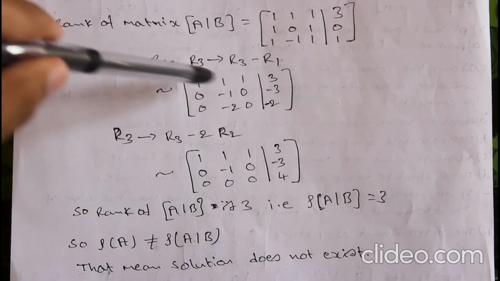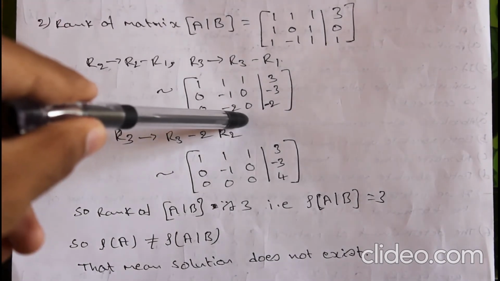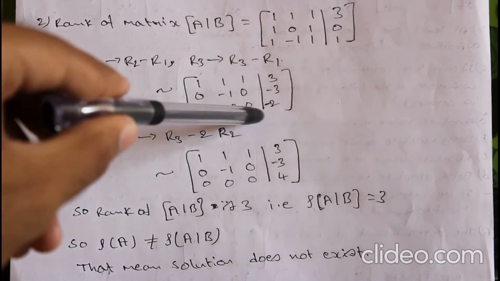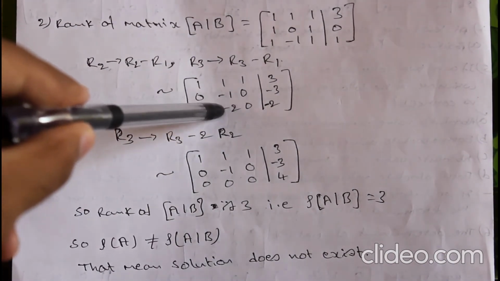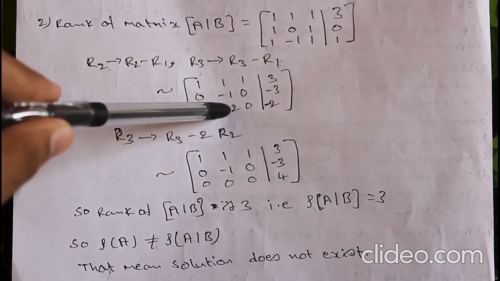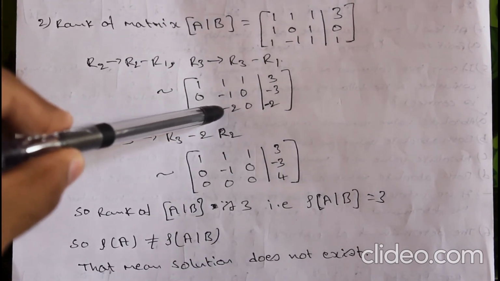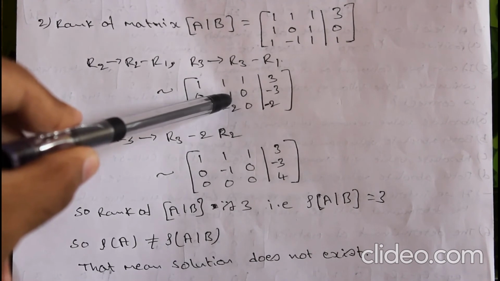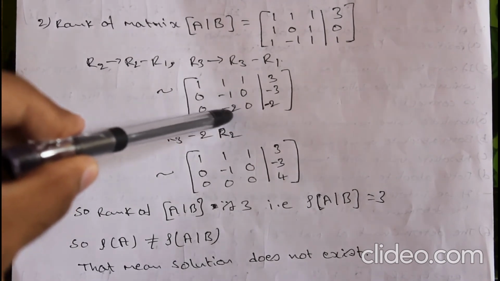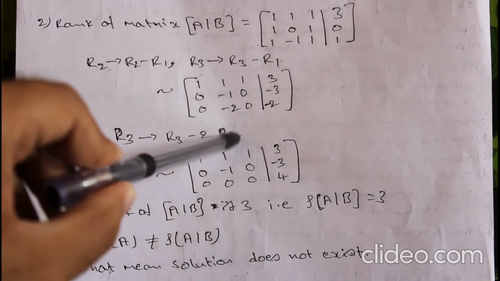Okay. So in order to make this matrix an upper triangular matrix, we have to make this element 0. How can we make this 0? Multiply R2 by 2 and subtract it from R3. So R3 is R3 minus 2R2.